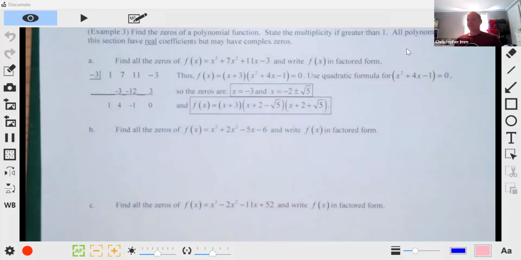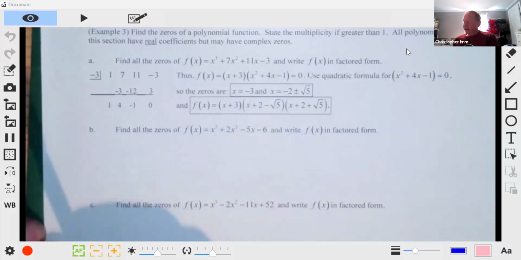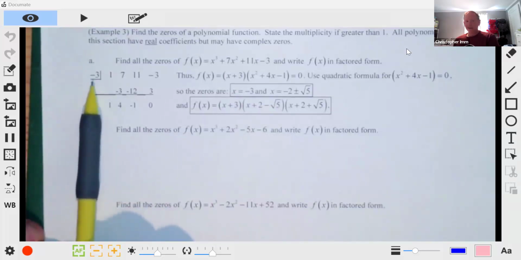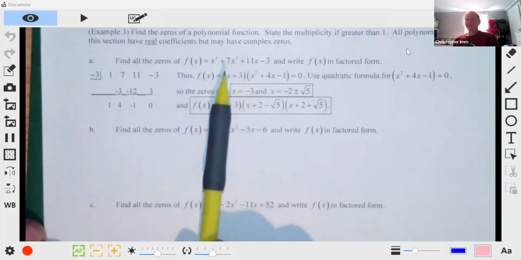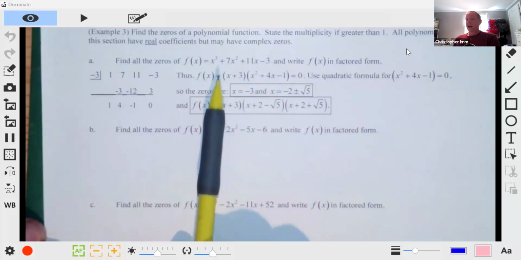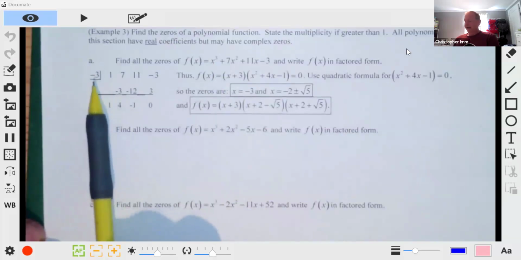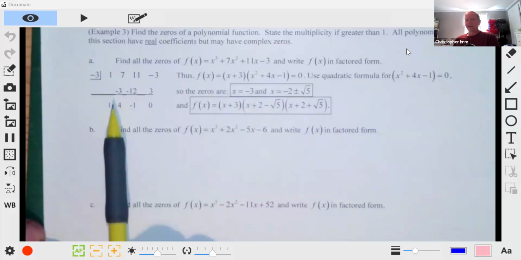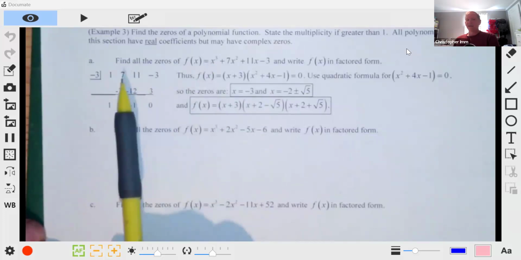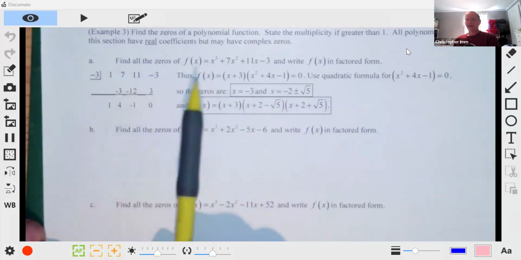The next thing I did was plot that on my calculator, and I found that I thought that -3 was a 0. So when I find that 1 zero, I need to break this cubic down into a quadratic. I divided that -3 in synthetically. These are the coefficients here of my polynomial in order.